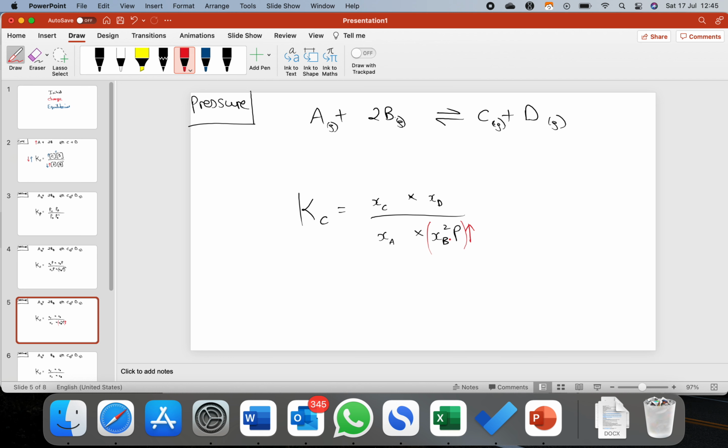So in essence, I am increasing the value of the denominator for this fraction. If I'm increasing the value of the denominator, I am decreasing the value of Kc.